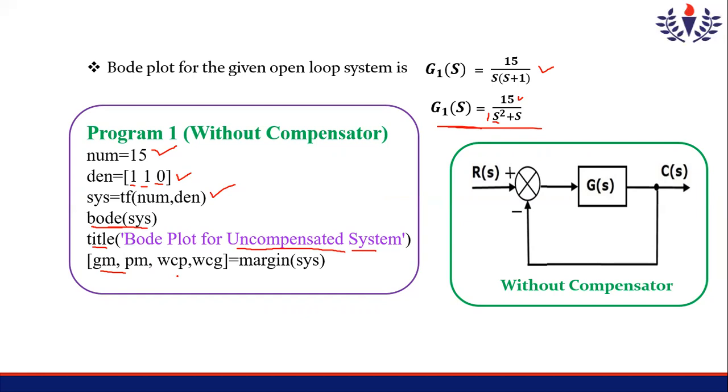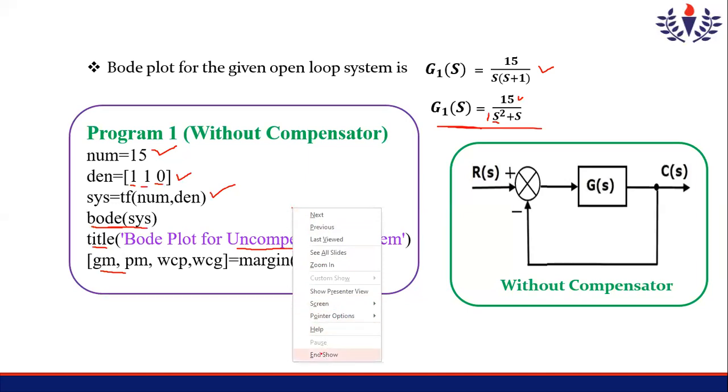What is the actual value of the phase margin, and how to get 45 degrees, we will see. If we run this program in MATLAB, we can check the actual value of the phase margin. Now we'll see the simulation for this uncompensated system.